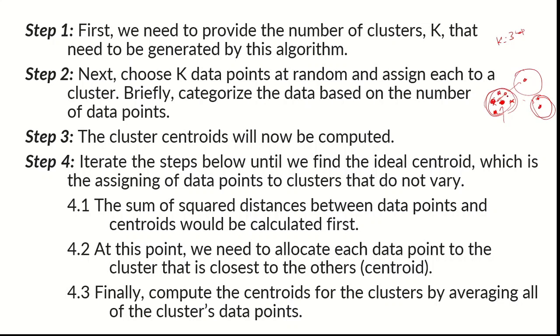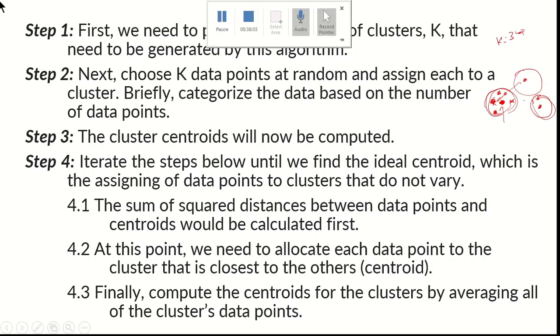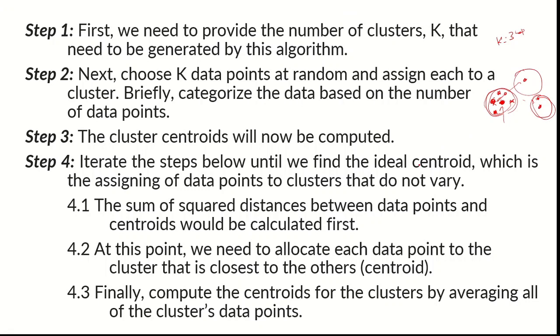So we will go for the maximum iterations, and when it expires, we will stop the execution. So two conditions are there. These 4 steps we have to repeat until we find an ideal centroid, or we are exhausted with the iterations.